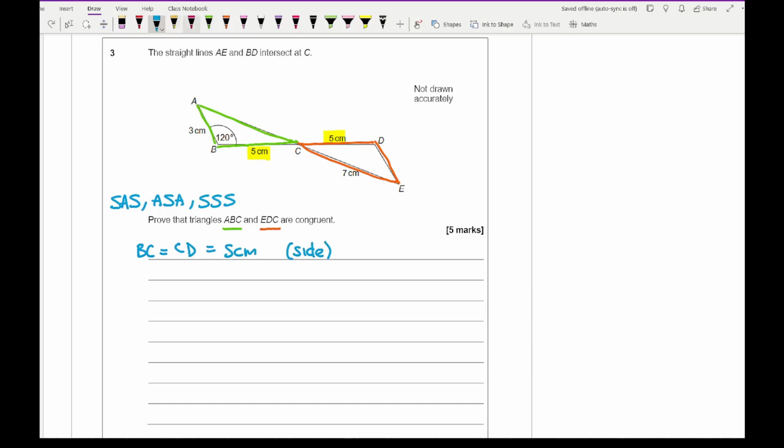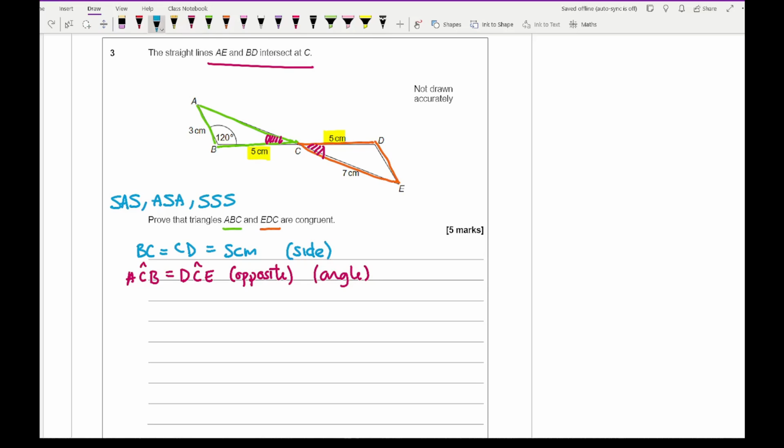Now I also know that this angle here is going to be equal to this angle here, because BD and AE are straight lines as stated at the start of the question. So here I've got opposite angles. So angle ACB is going to be equal to angle DCE, and it's always good to write down your reason, because they are opposite angles. So then I've proved that an angle in each of those triangles is the same.